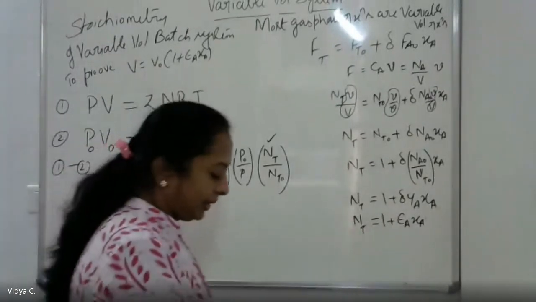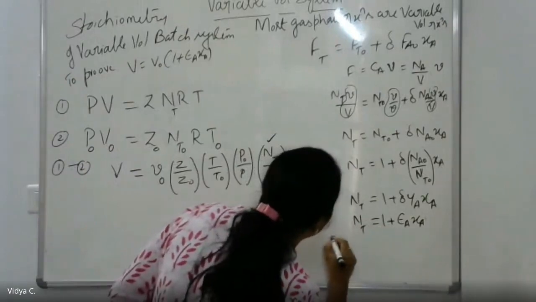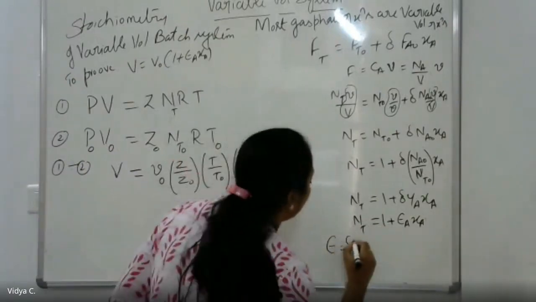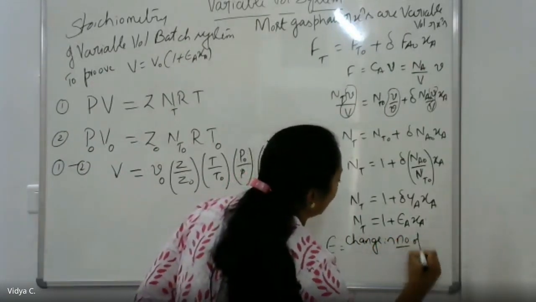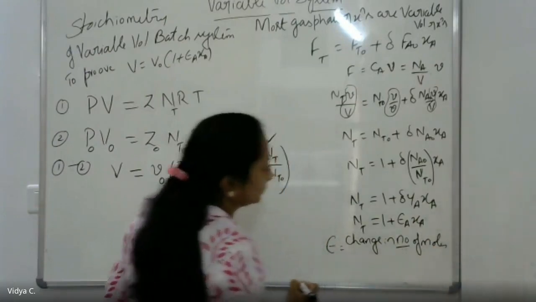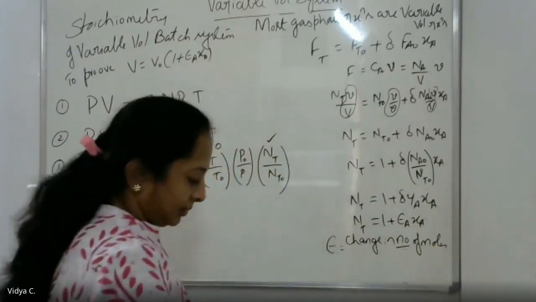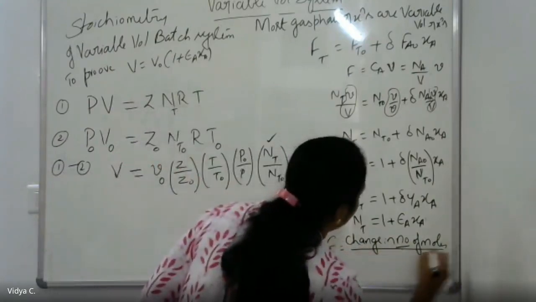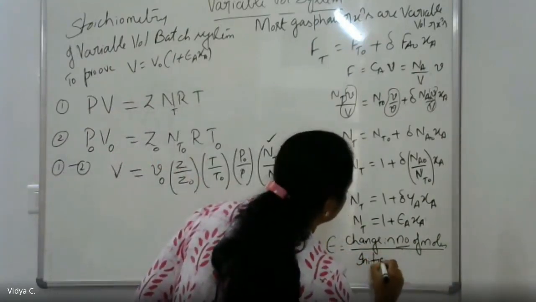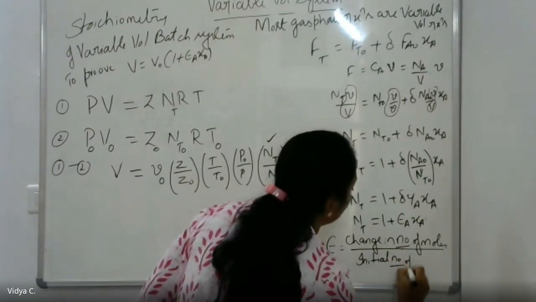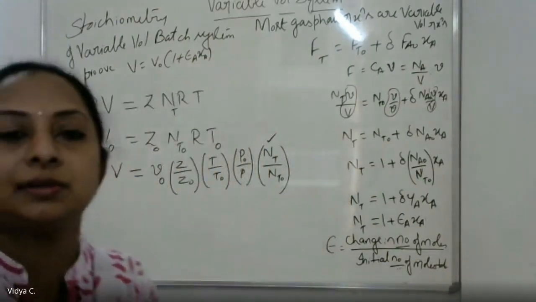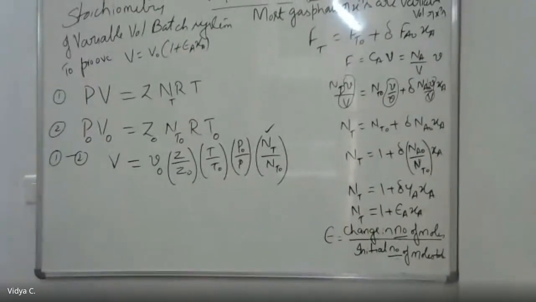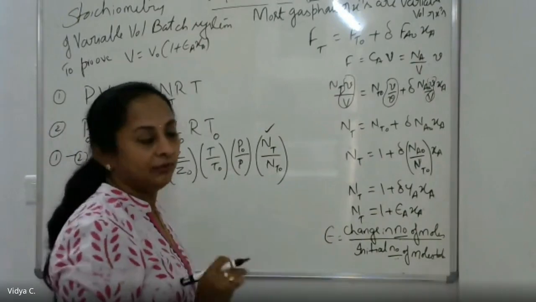Epsilon is defined as the change in total number of moles divided by the initial number of moles taken, or initial number of moles in the feed.